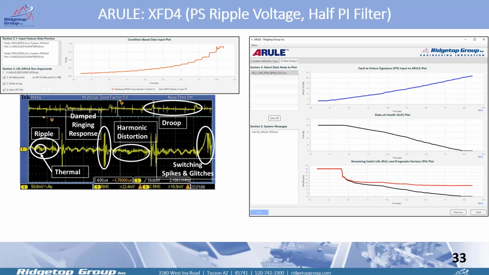Again, look at the output. ARULE, the first stage, produced the output you'll see on the top right-hand side, and that was then fed into the second stage, which then produced the output that you see below it. Again, very good linearization, very accurate estimates.